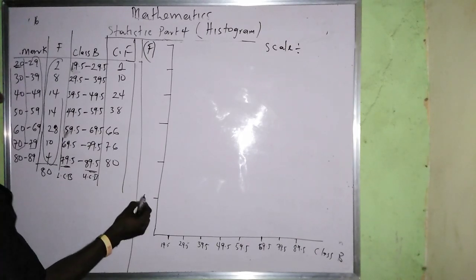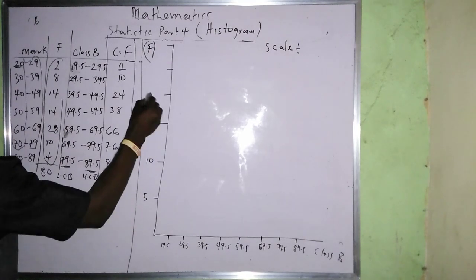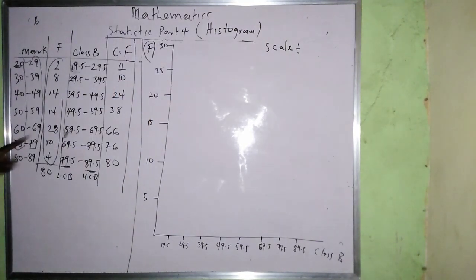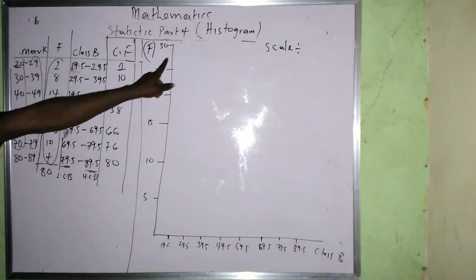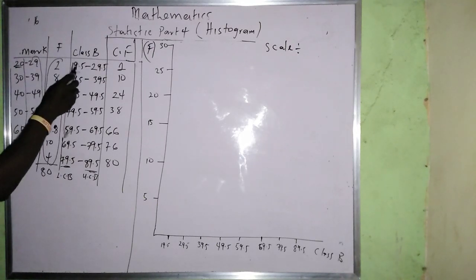Now I'll be having 5, 10, 15, 20, 25, and 30. Now 38 is the highest, which will be around here.